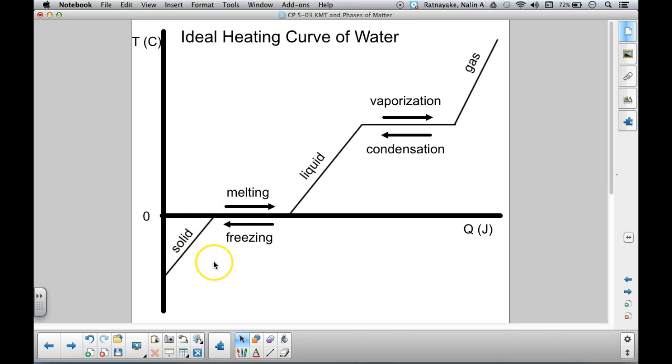So what we have here is a solid. Then as we go up, we're adding heat, adding thermal energy to the ice, and eventually it's going to reach this point, 0 degrees, and start melting. And we can call this point right here, I'm going to label it point A, and point A is the melting point.